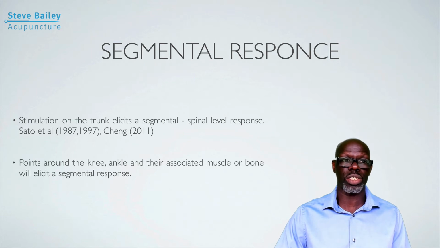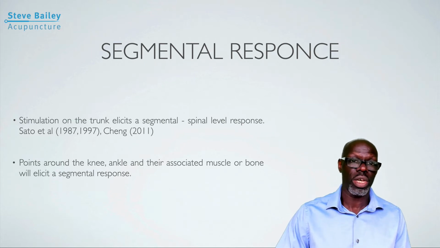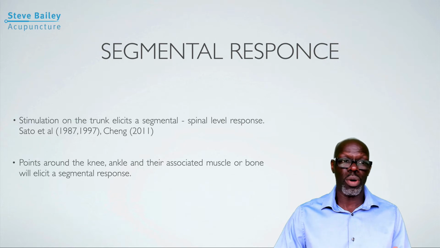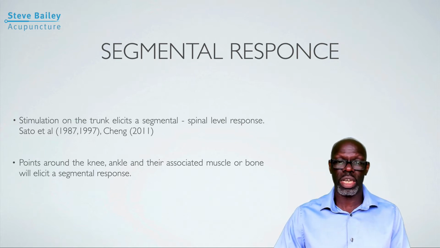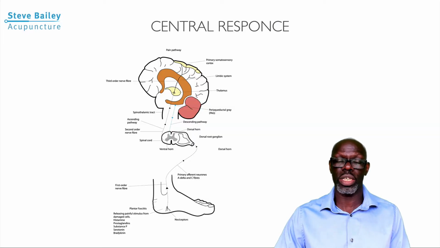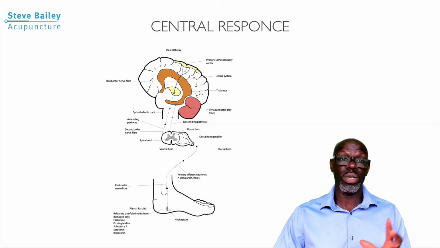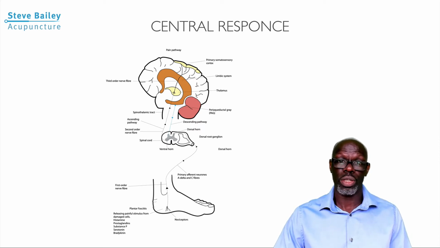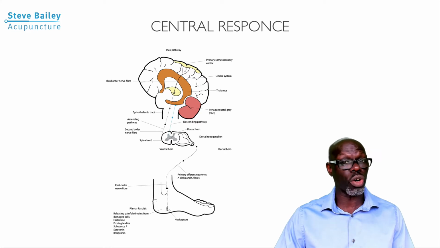Stimulation on the trunk elicits a segmental spinal response, but in most cases the segmental response is going to be a sympathetic one. You're also going to get your segmental response if you needle out into the periphery. Now, coming back to the central response, that's one of the key things that you want to aim for. The stronger the central response, the longer lasting the effect, and also the greater the effect.